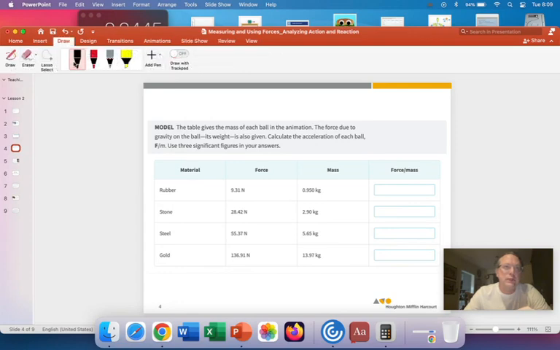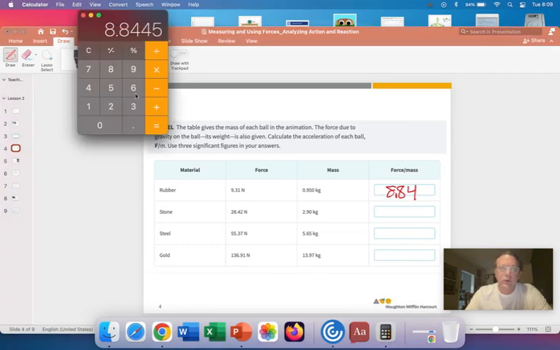Let's draw on the slide with my pen here. Okay, the stone got 28.42. It looks like they fell at the same time, so times the mass of the stone.